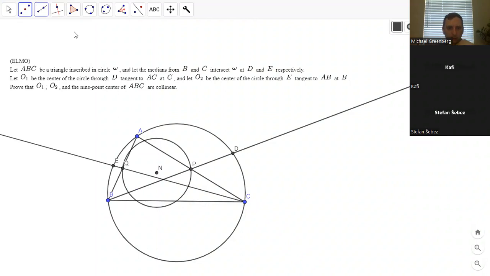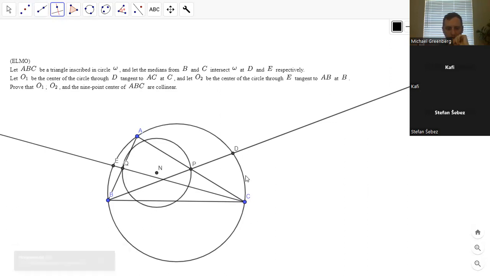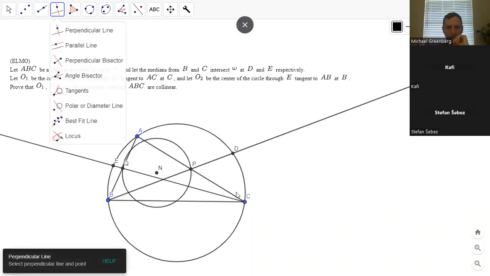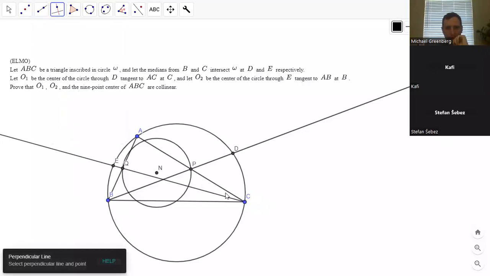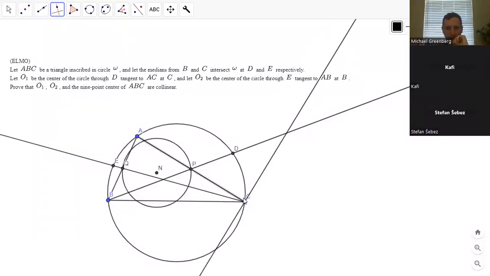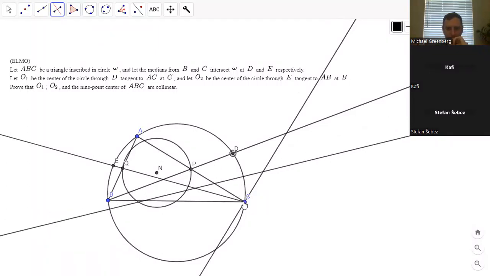Through D tangent to AC at C. So we want a circle through D tangent to AC at C. So do we draw the perpendicular? I think we draw the perpendicular, like this. So the perpendicular bisector of DC, and we see where it meets this, right? And that will be the center of it.